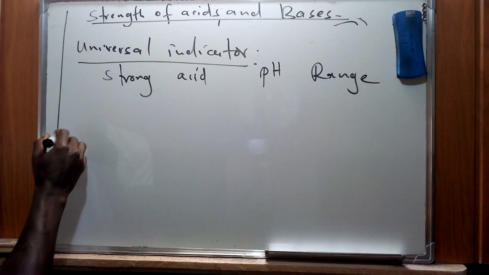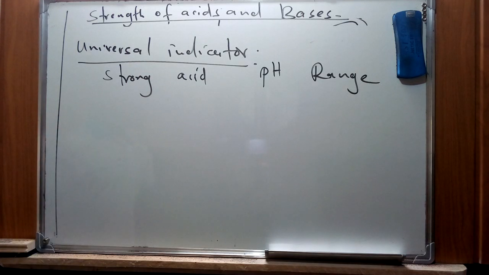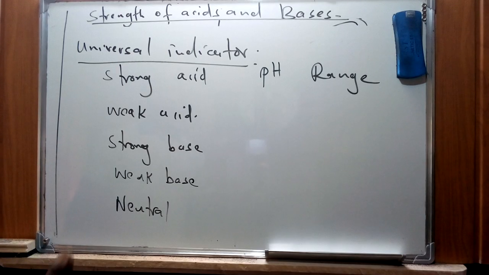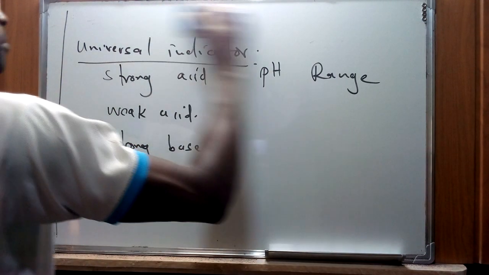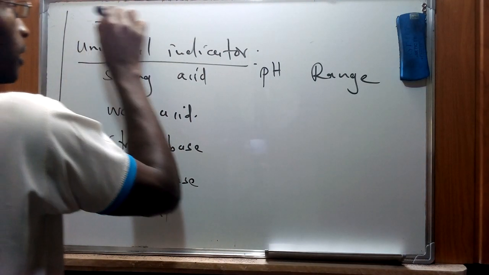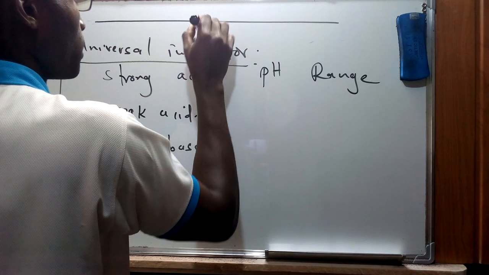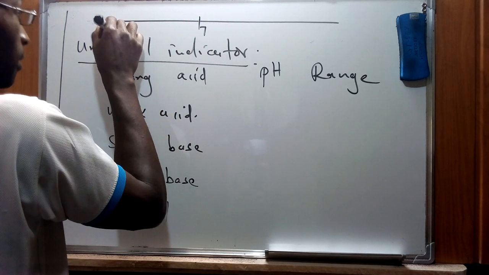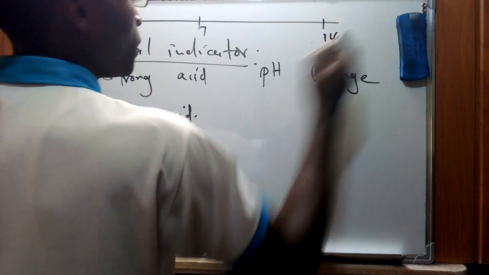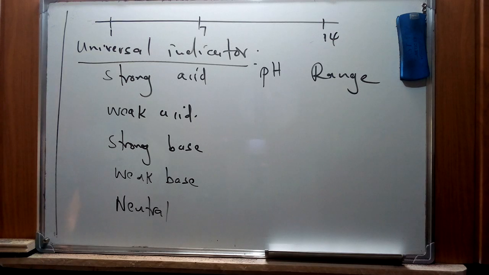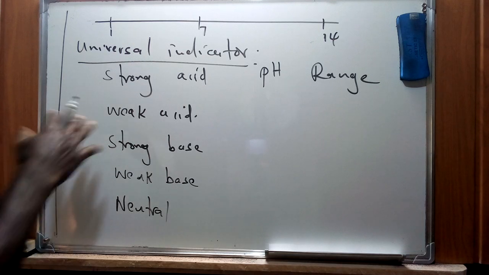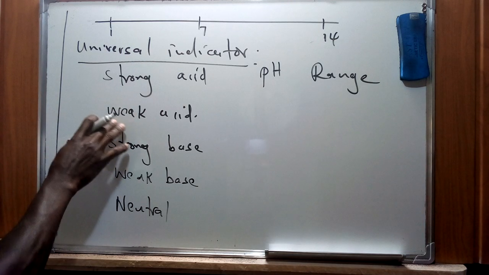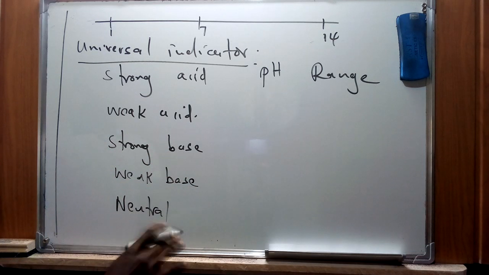Looking at this range of colors, it is indicated on a number line, with 7 in the middle, running from 1 to 14. The color distribution indicates strong acids, weak acids, strong bases, weak bases, and some substances which we refer to as neutral.